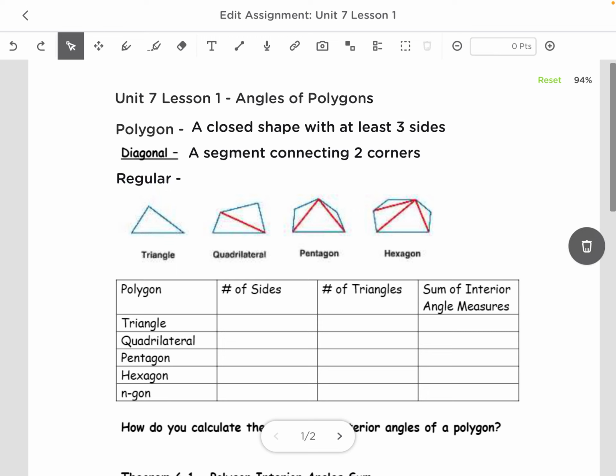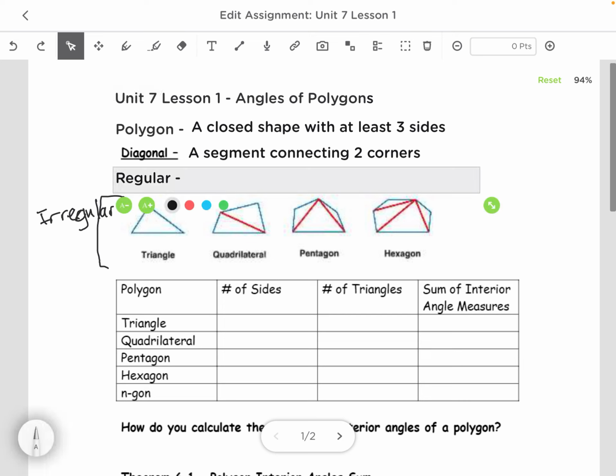Now, the last vocabulary term we want to talk about is what it means for a shape to be regular. There's 2 types of shapes: regular and irregular. All of these shapes here are irregular. Irregular, that's with an I. And a regular shape is something that has all the sides congruent and all of the angles congruent.